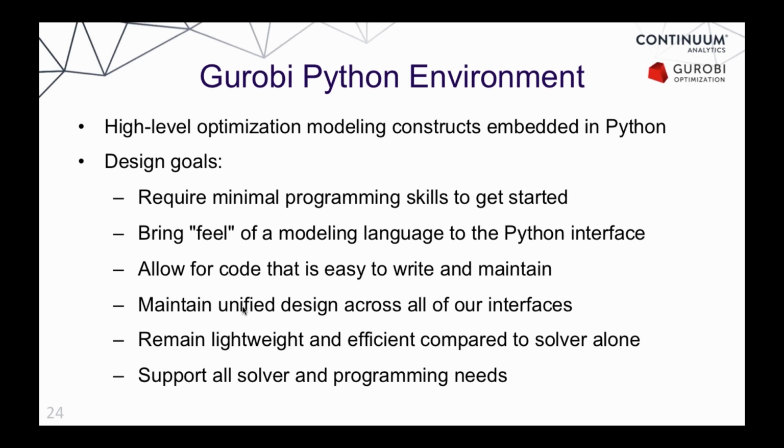We wanted these APIs to consume as little memory and CPU cycles as possible. And finally, we wanted to support all solver programming needs. In this scenario, you'd have the entire Python ecosystem at your disposal, including powerful platforms like Anaconda, which will increase your productivity. If there's functionality a user needs, chances are there's an existing Python module that enables it.